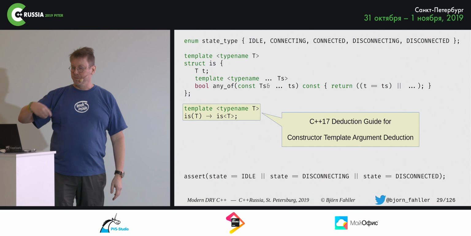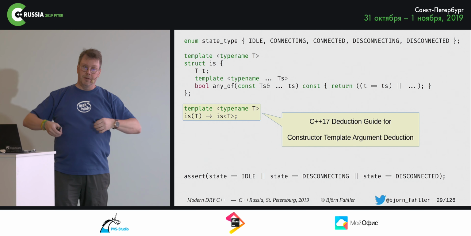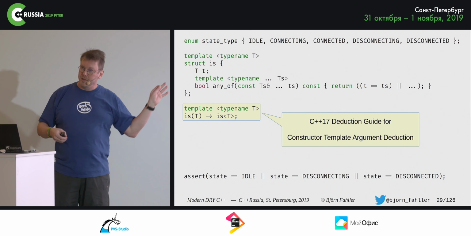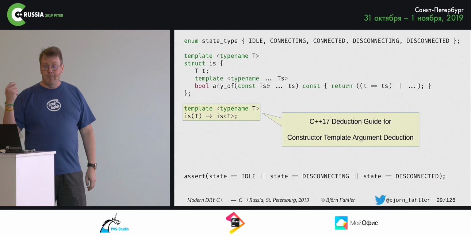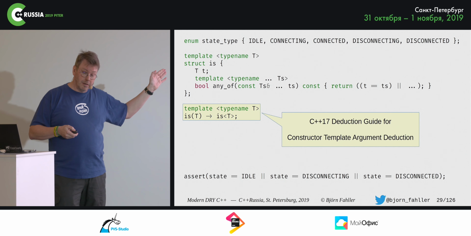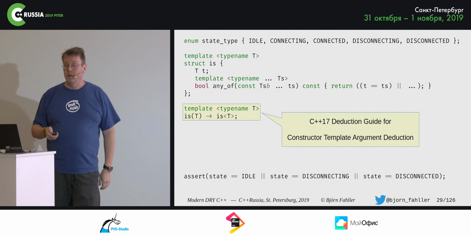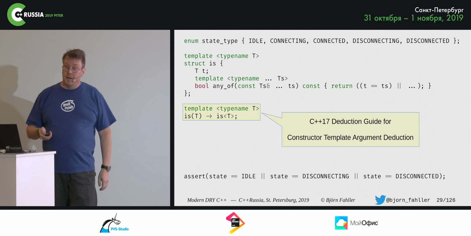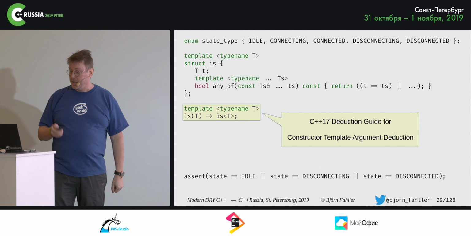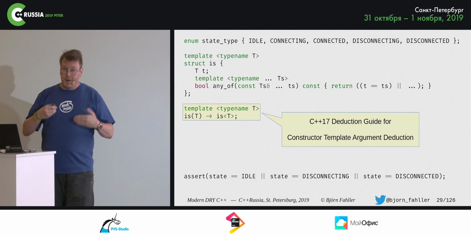The guides can be useful for other things, like say if you have iterators or whatever, then you probably want to construct your type from the value type of the iterator, so it's not always this obvious. In most cases, the compiler can deduce a type without the deduction guide. In this example, I could have used a constructor, and then the deduction guide wouldn't have been necessary. But these are good. These can help us a lot in writing code that is very generic and not very verbose.